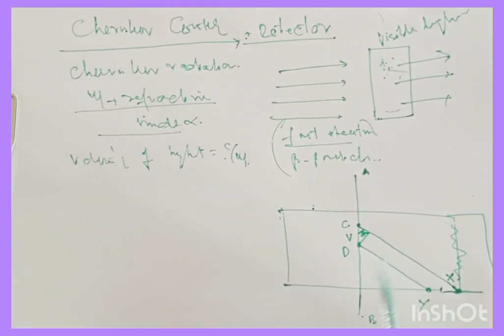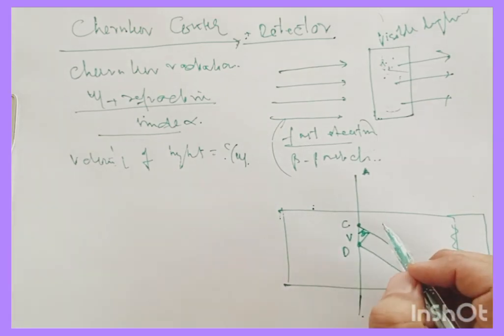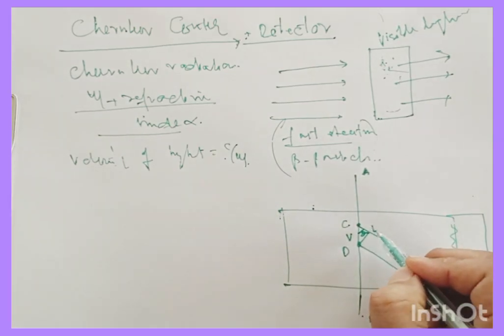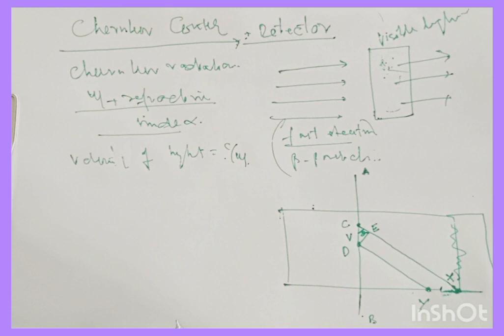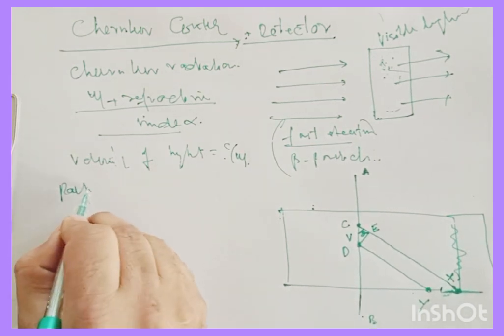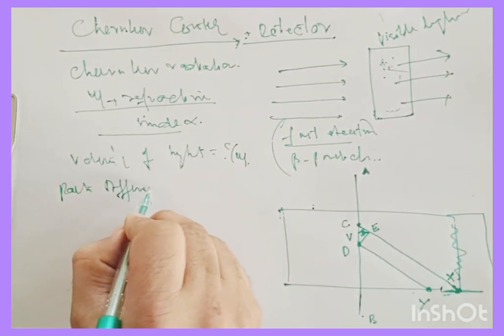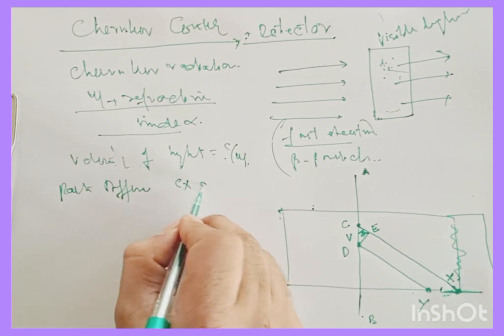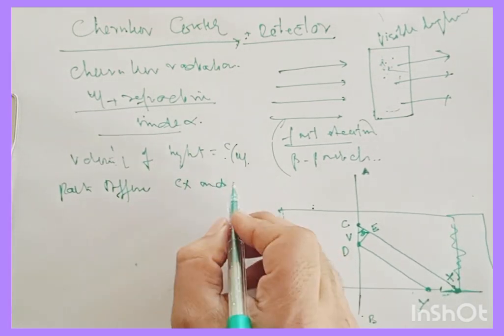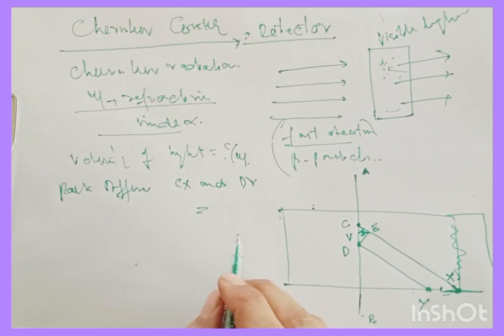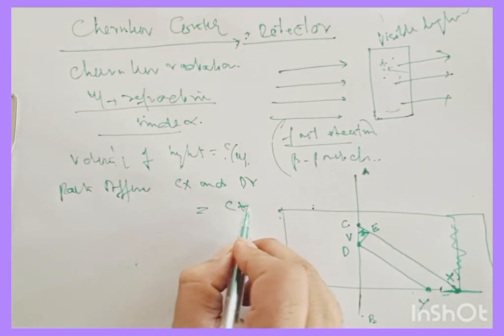So we are trying to calculate the path difference between Cx and Dy. If I name this point E, the path difference between Cx and Dy is simply CE.